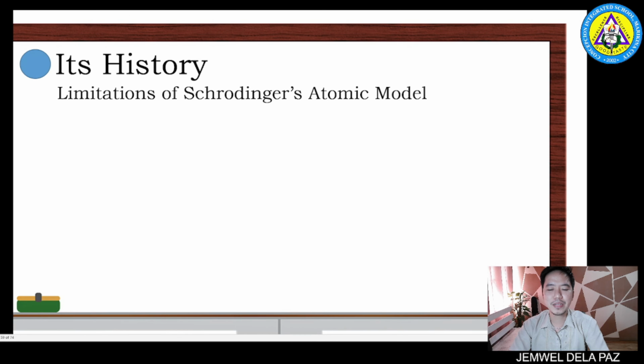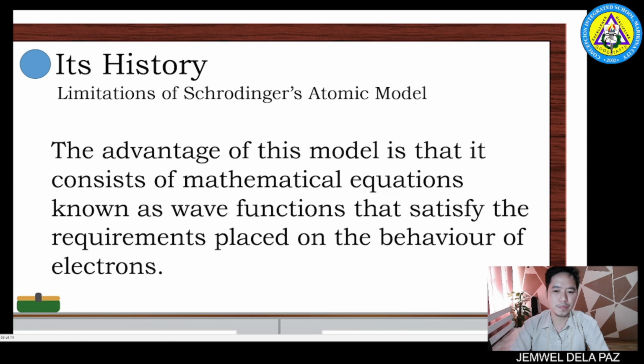Here are the different limitations of Schrödinger's atomic model. First, this model is made up of mathematical equations known as wave functions that satisfy the requirements placed on the behavior of electrons.